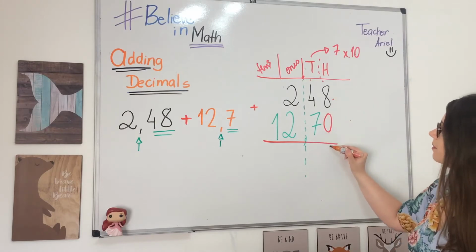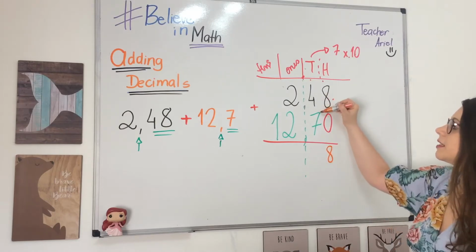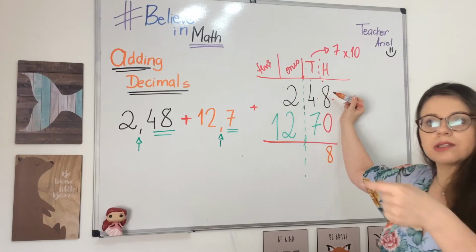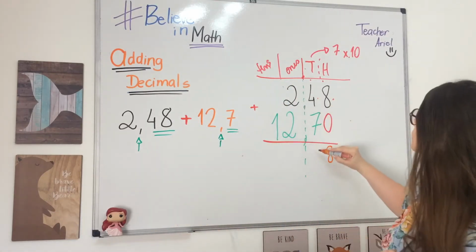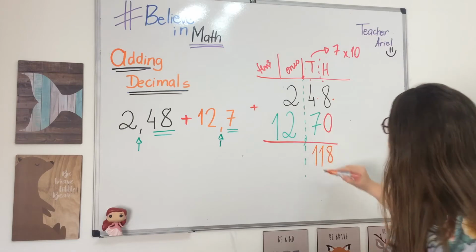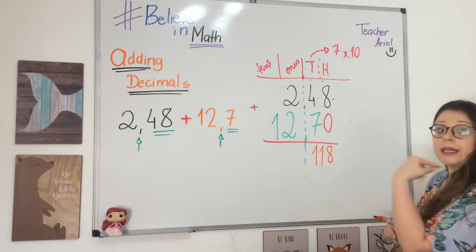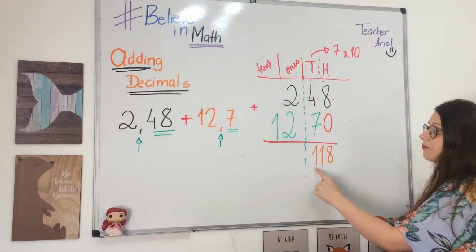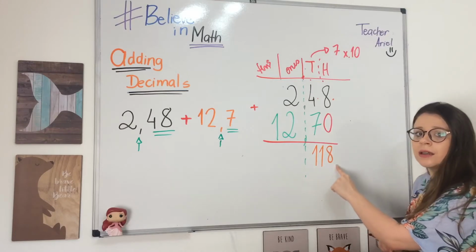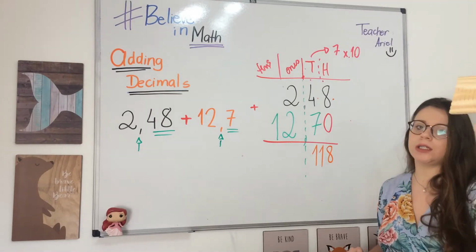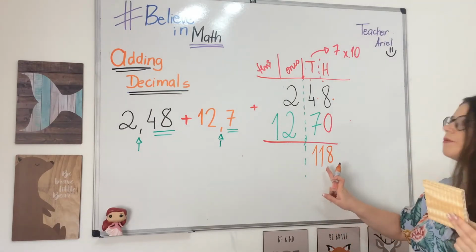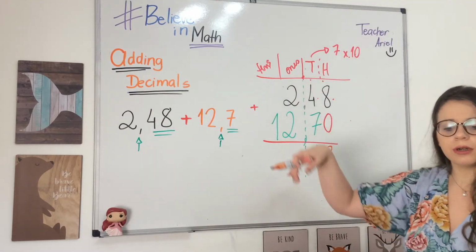8 plus 0, 8. 7 plus 4. 7 plus 3 is 10. So 7 plus 4 is 11. I can't write 11 here, even because I found 118. 118 is more than 100. So it's time for this number to go to the whole number.